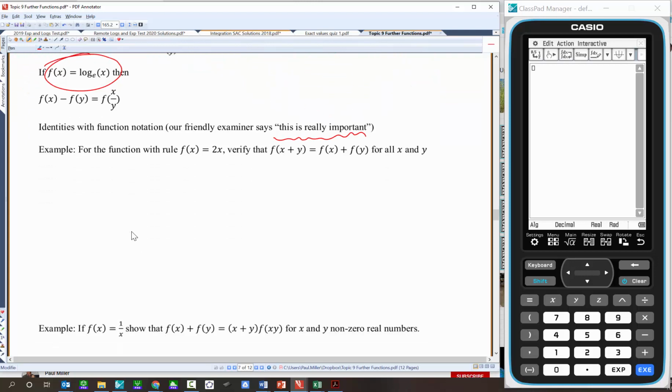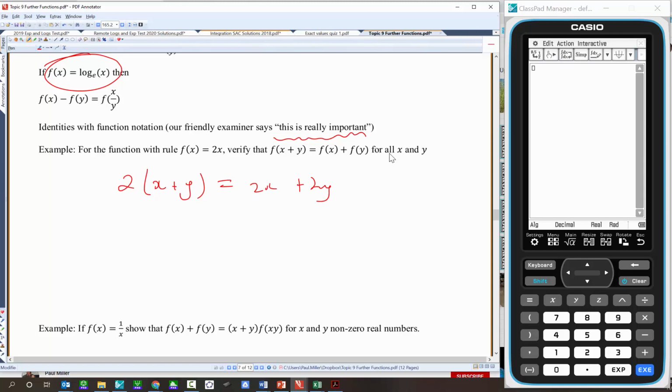So for the function with the rule f(x) equals 2x, verify that this is the case for all x and y. All we're going to do here is note that we want f(x plus y). So we put x plus y into the function, so that's 2(x plus y), which is equal to f(x), which is just 2x, plus f(y), which is just 2y.